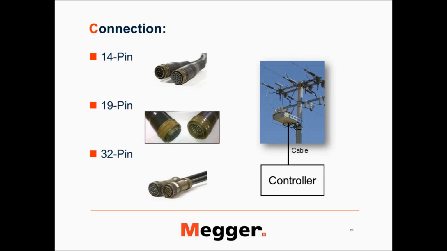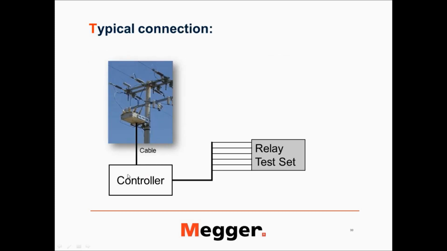So there are different connectors available, 14-pin and 32-pin. So this is your auto reclosure. As you can see, this is going to be a 3-pole, I guess. That is connected to the controller through a cable. And this cable could be a 14-pin, 19-pin, or 32-pin. Typically, when you're testing this controller, you'll be testing the controller more so than explicitly the auto reclosure.